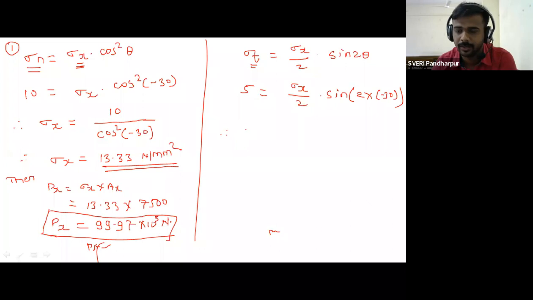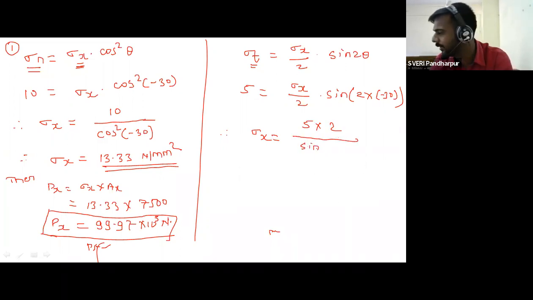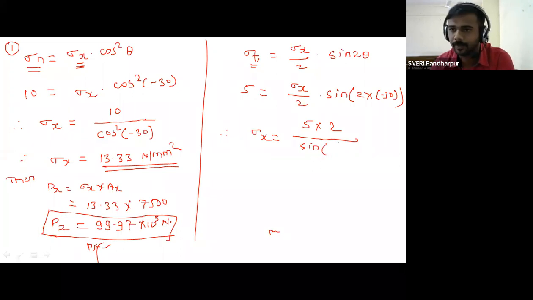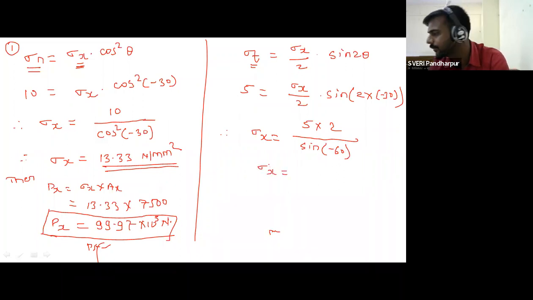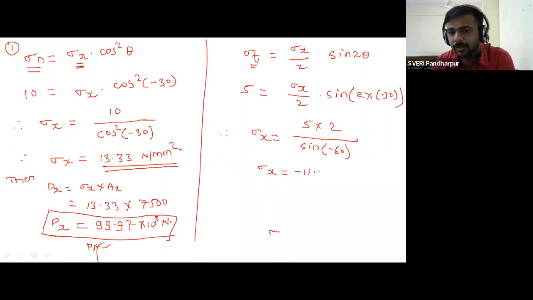So here sigma x is equal to 5 into 2 divided by sine minus 60. Minus 30 into 2, correct? So what will be the sigma x? How much? Minus 11.54 Newton per mm square.